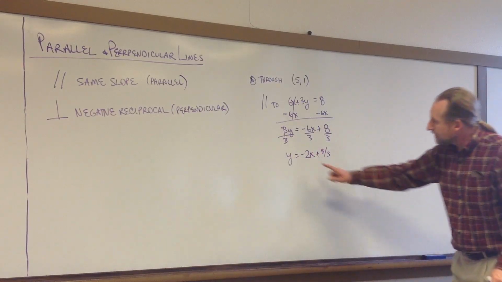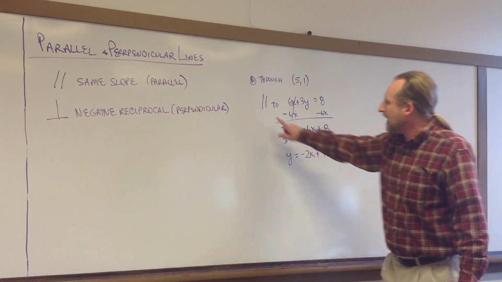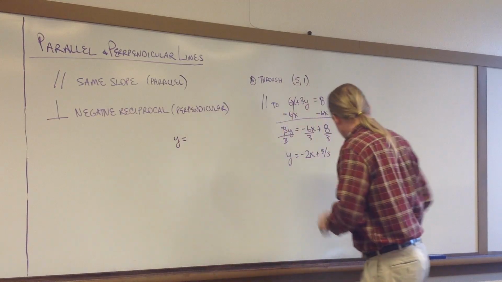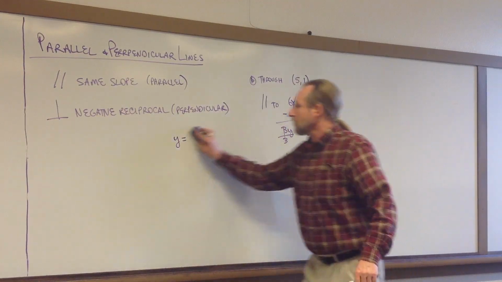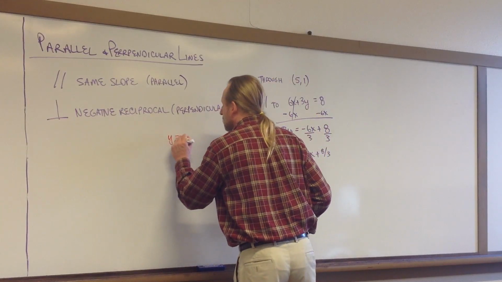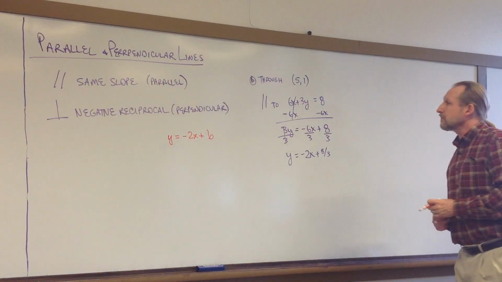So there's our slope, negative 2. So that means the line that we're interested in, since it's parallel, will also have a slope of negative 2. So, y is negative 2x plus b, whatever the y-intercept turns out to be.